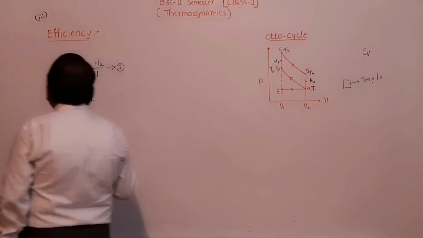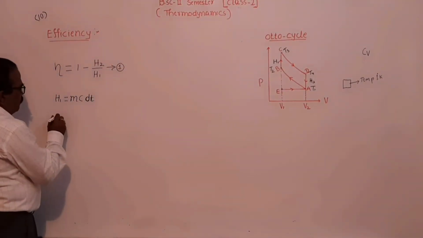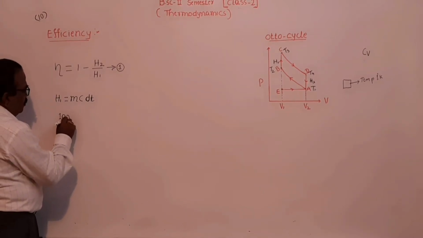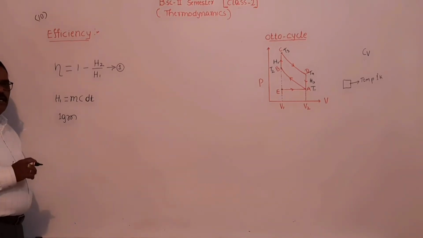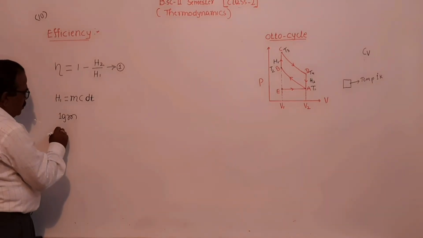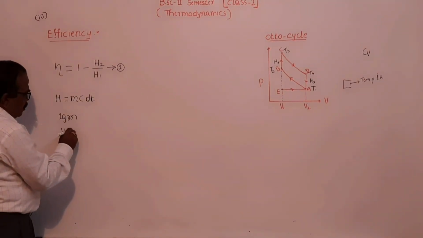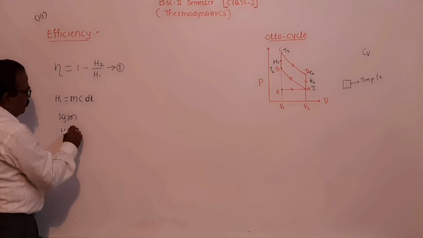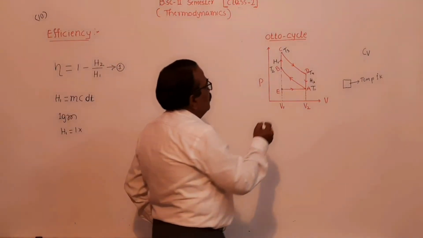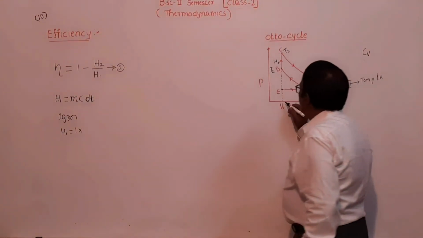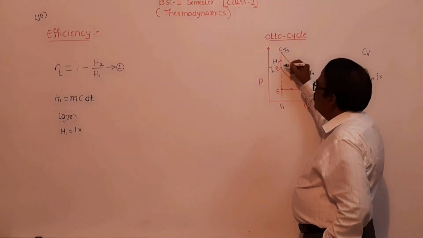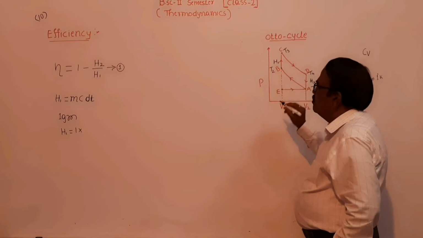Now, consider 1 gram of a perfect gas. Here, air itself is considered as a perfect gas. Then here, H1, the amount of heat absorbed, M is 1 gram. Then from B to C, it is carried out by keeping volume constant. Along this the volume does not change, pressure changes.